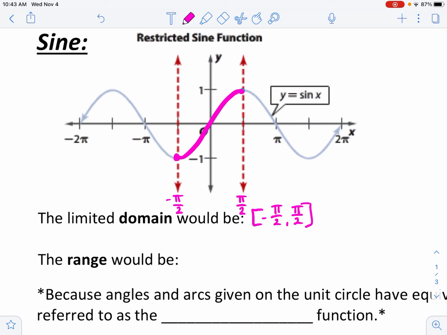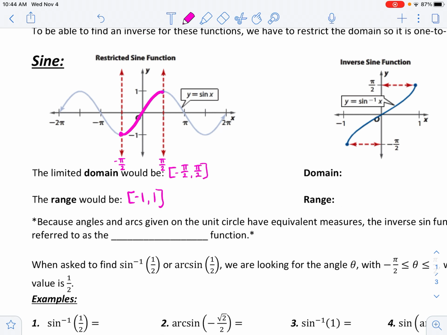And notice there are values at pi over 2 and negative pi over 2, so I'm including them using brackets. My range, the lowest it goes is -1, the highest it goes is 1. So all values in between -1 and +1, including both.